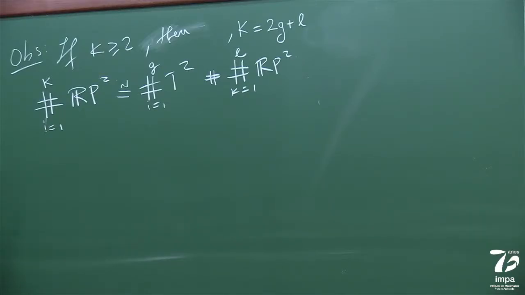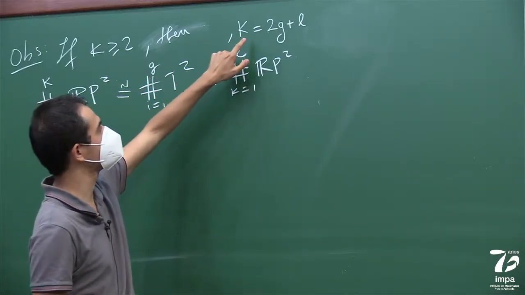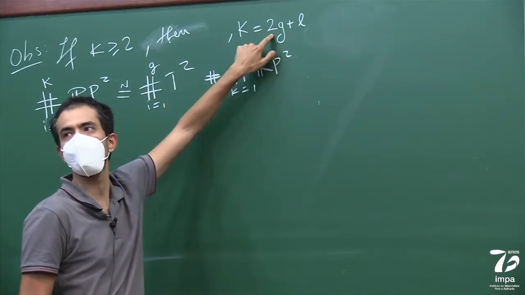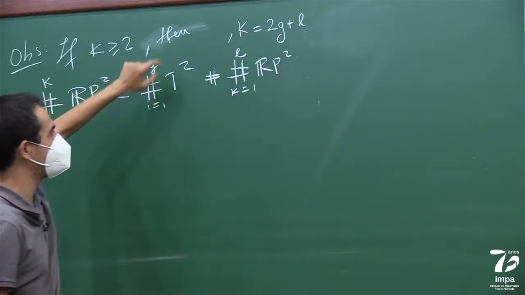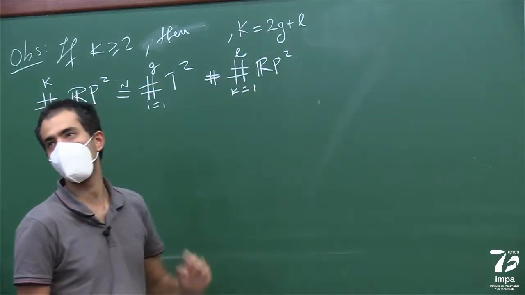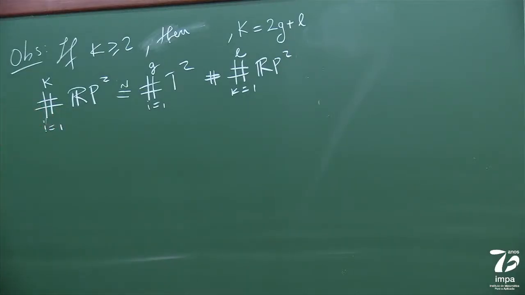So basically you can divide K by 2, and G will be the number of tori, and then L will be 0 or 1. But it's even true if G is less than that, and L will be bigger than that. So this is kind of always true, of course, provided G and L are greater than or equal to 0.